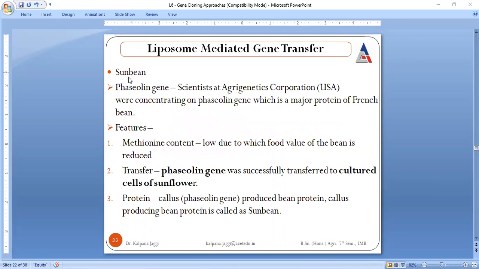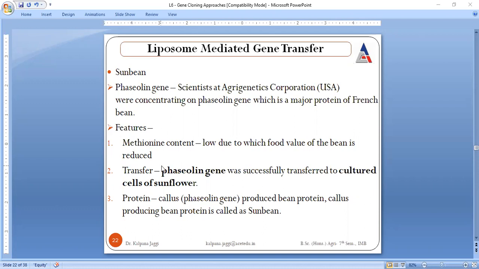Here I will be discussing one example of sunbean. Within the sunbean, we will be discussing one gene called the phaseolin gene. The scientists at Agri Genetics Corporation in the USA were working on the phaseolin gene, which is the major protein of the French bean. If we talk about the methionine content, it is very low in this protein, so the food value of the bean is reduced.